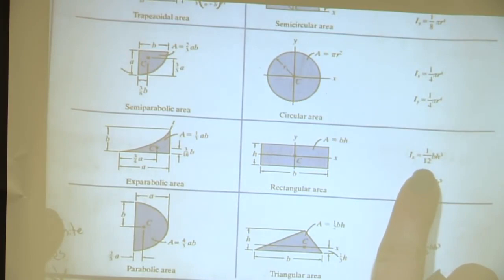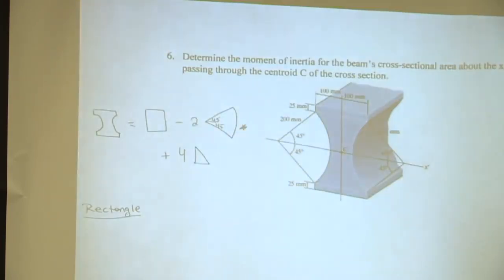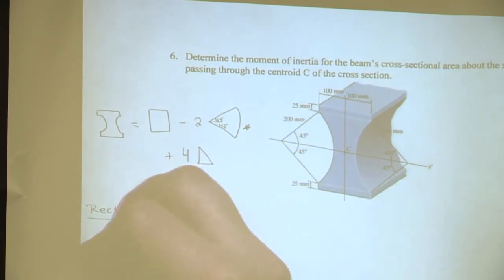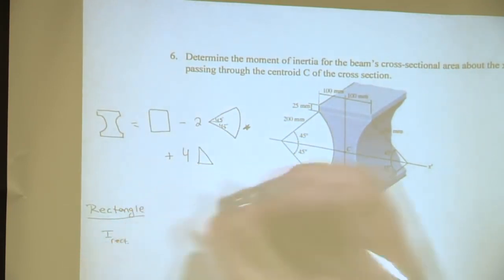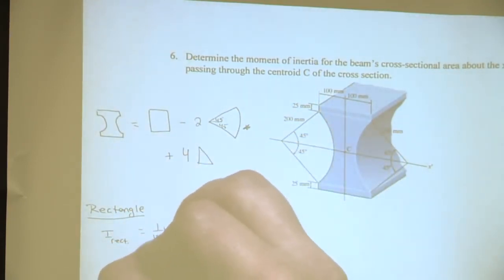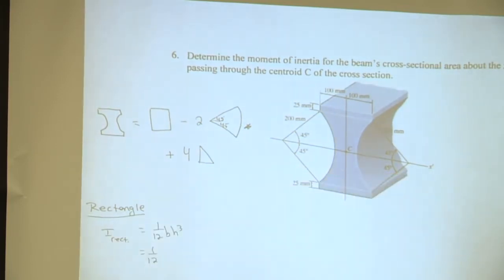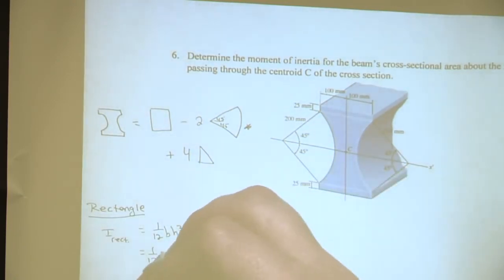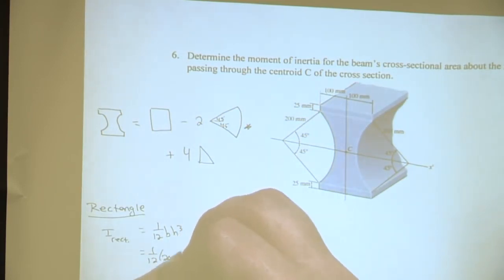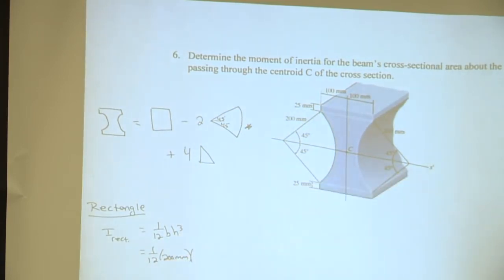See that Ix prime is 1 over 12 bh cubed. Okay, and what is the base? So 200 millimeters. And then what is the height? The height of it.